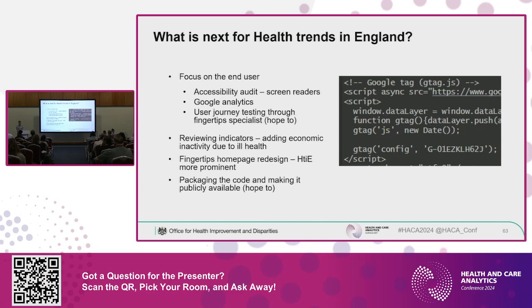And I think I've left probably what's going to be the most exciting part for most of the analysts in the room. We're hoping to package all this up and make the code available through GitHub. That would give the opportunity to go some way to meeting those local requests, where you'd have a package in which you could plug in the areas, the topics, and the indicators within those topics that you're interested in, and have it generate HTML pages that would look and feel like this, but with that changing content.